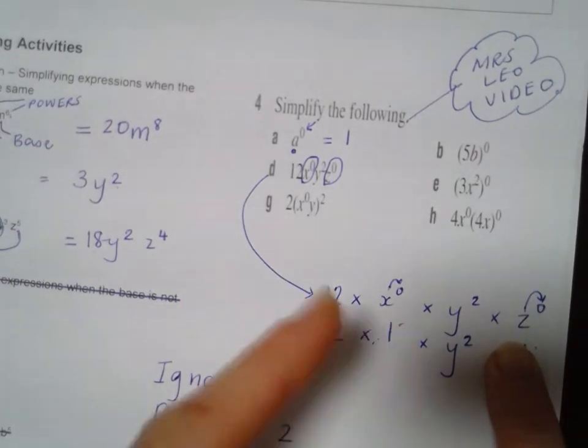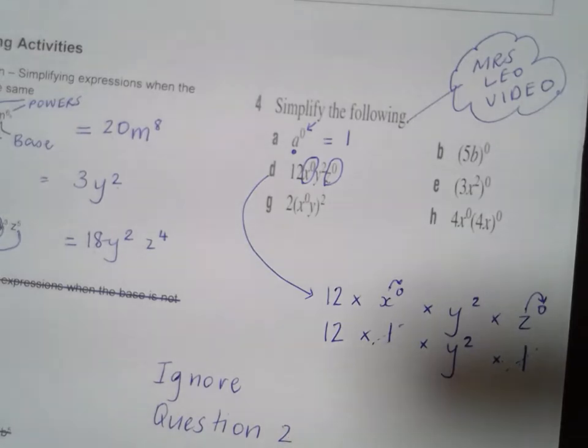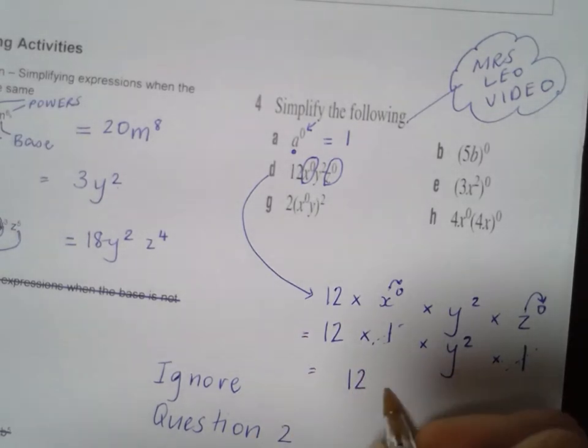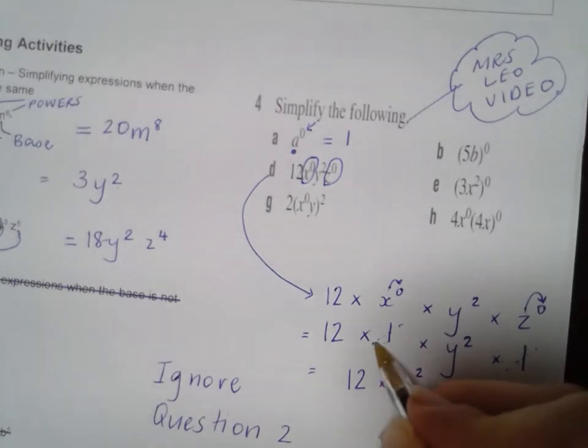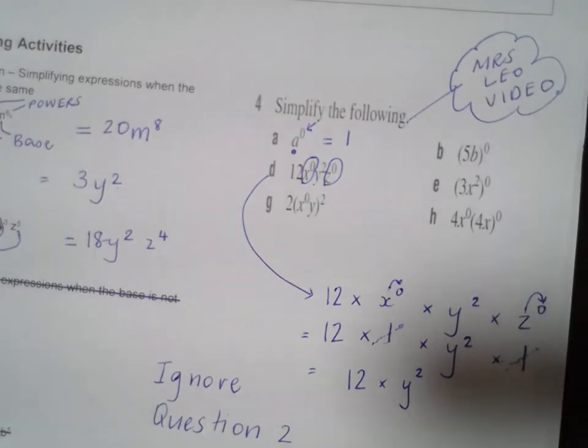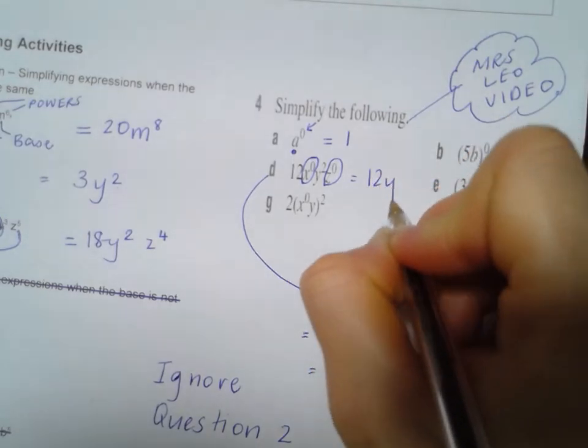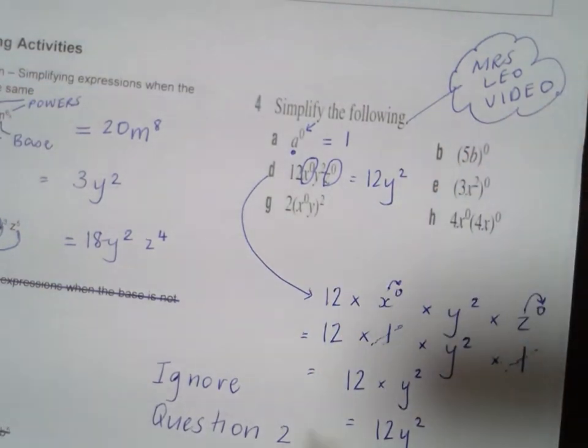So what we're left with is basically the 12 multiplied by the y squared, because we can ignore these times 1, and more simply it can be written as 12y squared. Okay, so this one equals 12y squared because of this thinking.